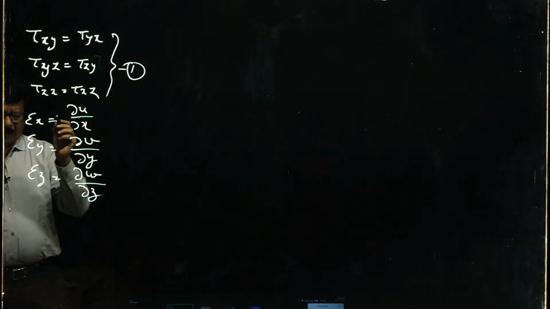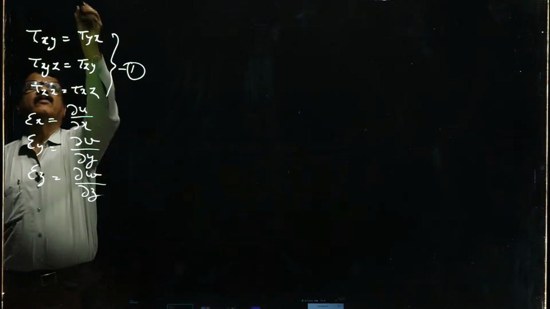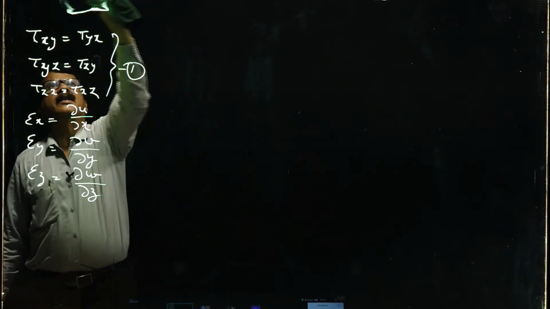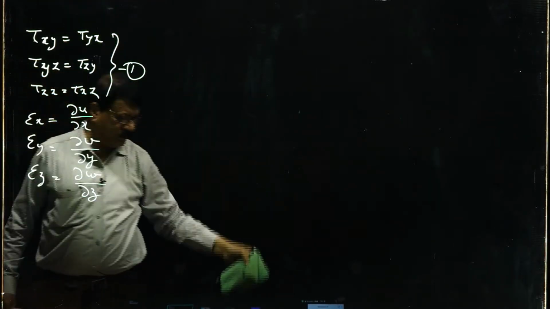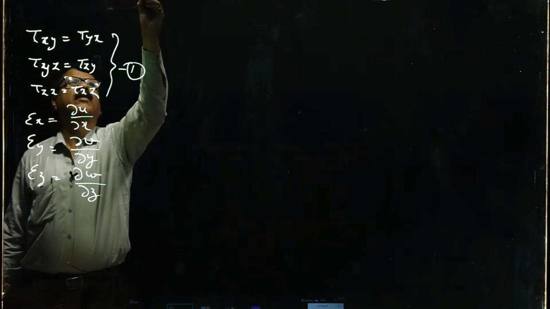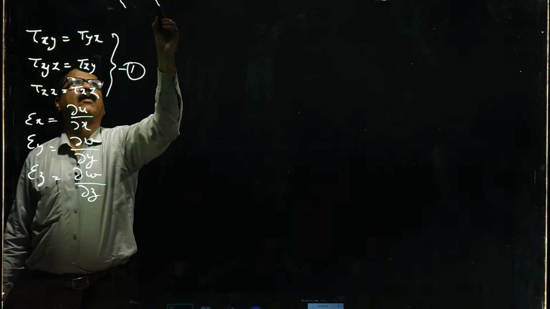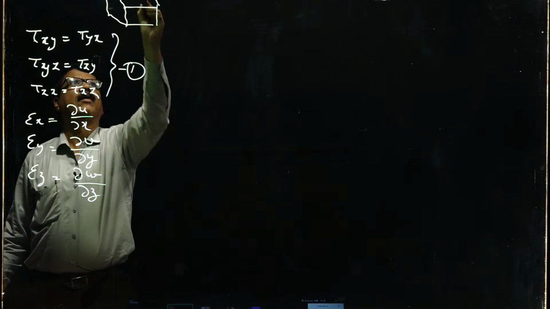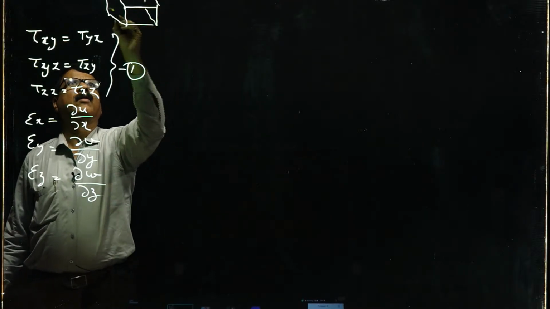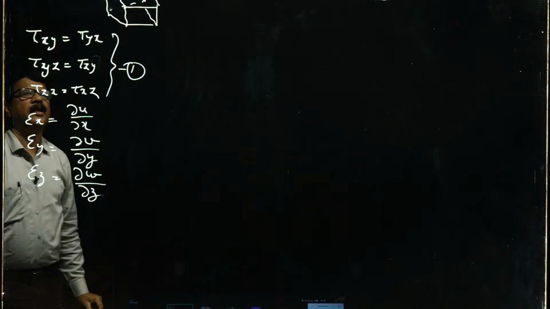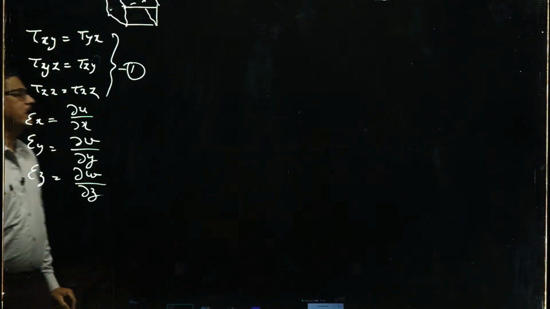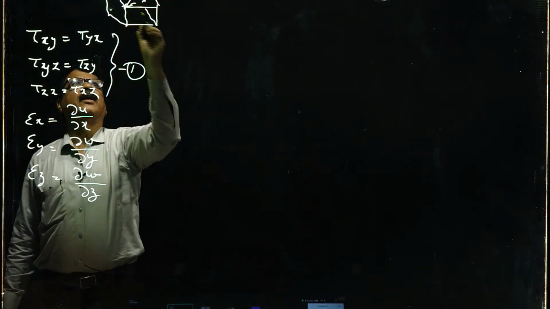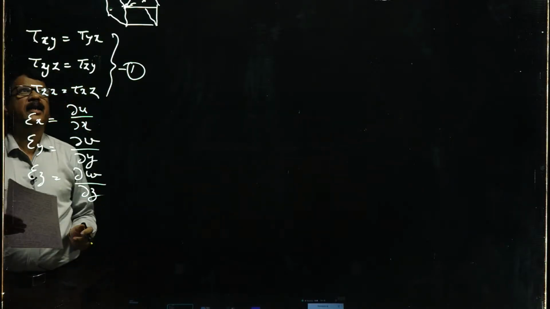So there are 6 faces of any cube, just as we studied in the last lecture. There are 6 faces of any cube, and the forces acting on each face are 3 direct forces and 2 shear forces in the x, y and z direction.